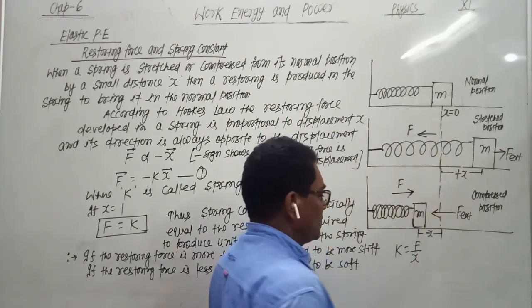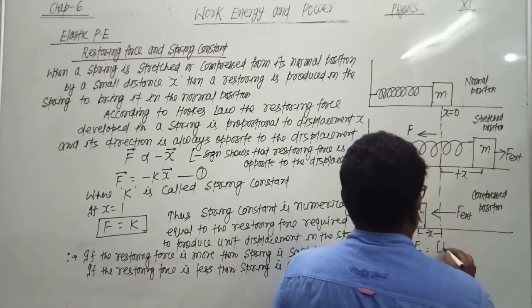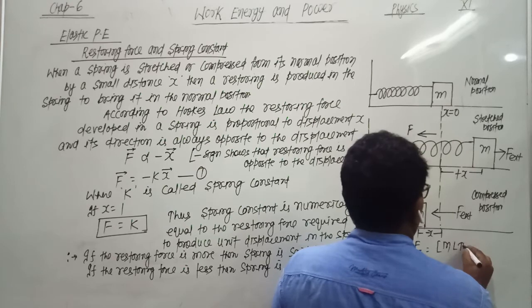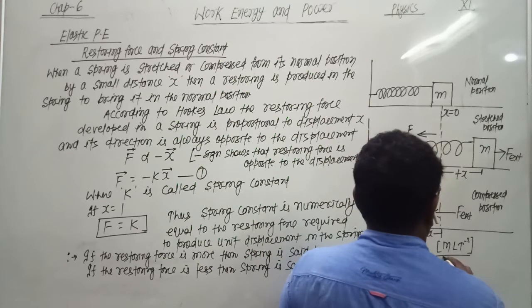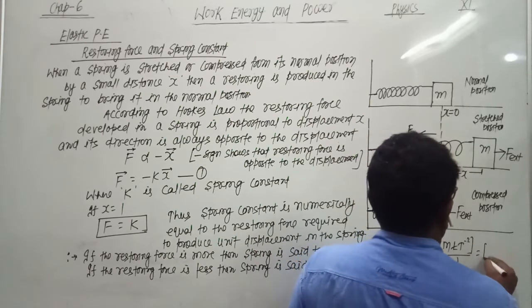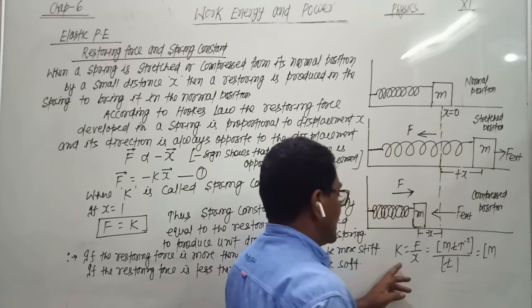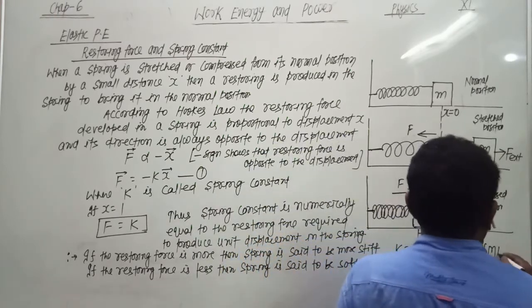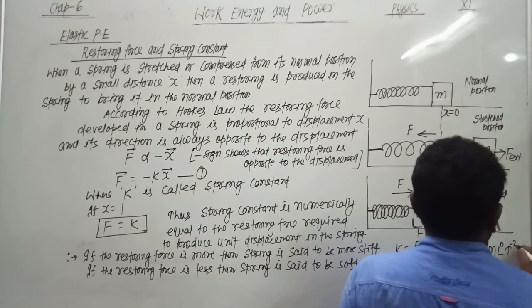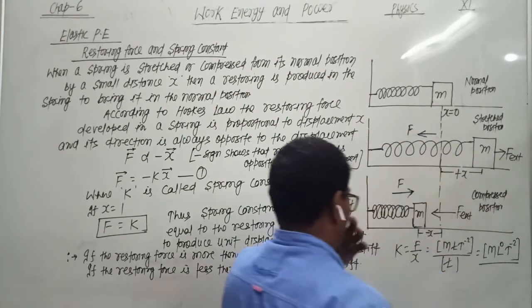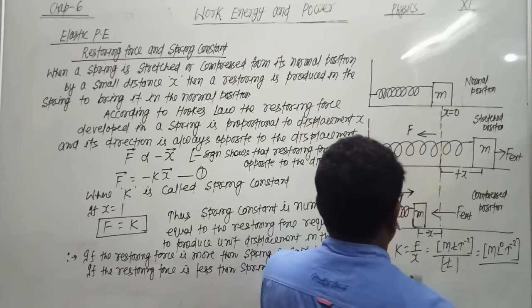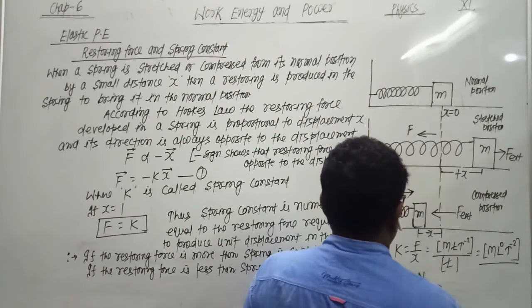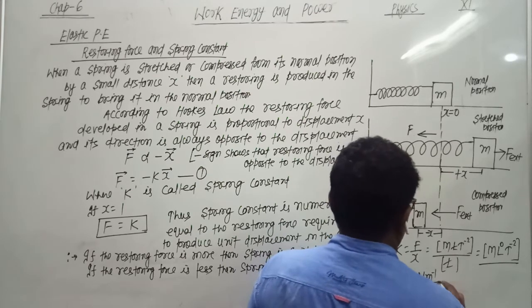The dimension of force is mass into acceleration, M L T raised to the power minus 2, and displacement is L. So L and L cancel, and the dimension of the spring constant is M L^0 T raised to the power minus 2. The unit of force is Newton and the unit of displacement is meter.